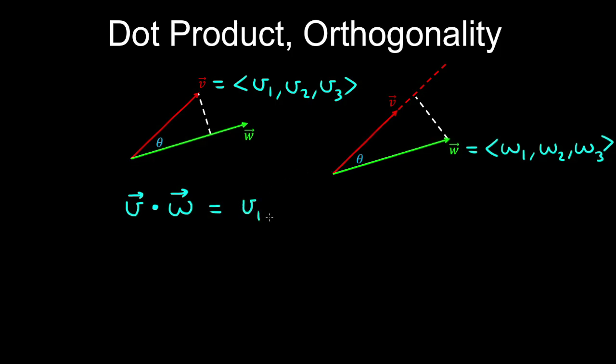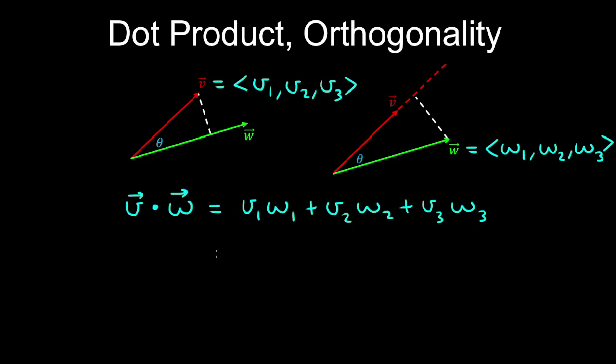So we have v1 w1 plus v2 by w2 plus v3 by w3. And this can be proven using the law of cosines, and also applies to 2D vectors. So with the dot product between 2D vectors, we don't have this third term.